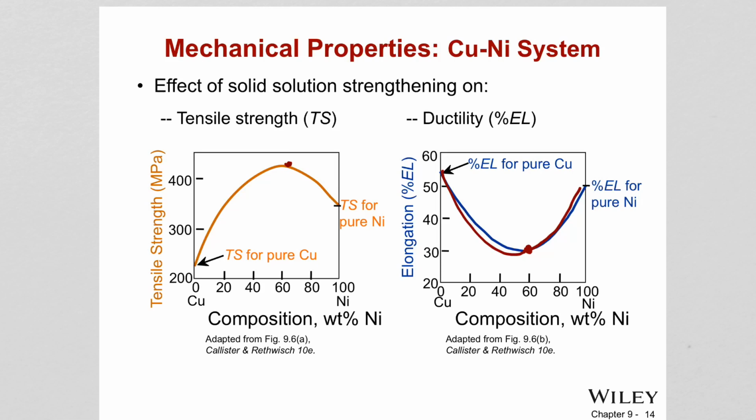These tests have to be done for different types of alloying systems to figure out what the optimum composition is at a certain temperature. So they kept the temperature constant here, and then they are looking at how the properties change with the addition of nickel.